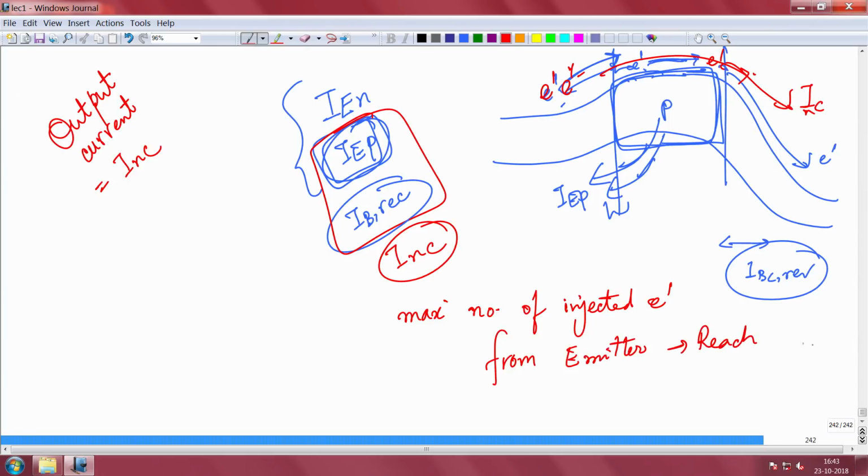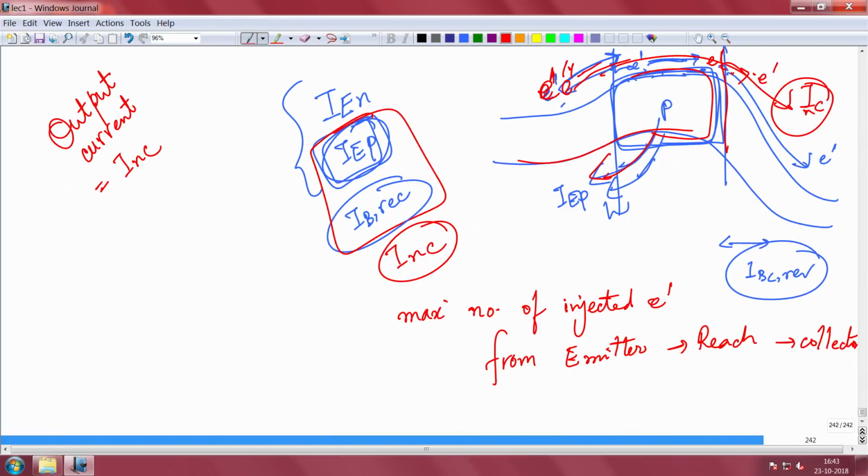I want them to reach the collector, because if electrons emitted from the emitter do not reach the collector mostly, then it means they are all dying out here. It becomes a 2 terminal device, it is not a 3 terminal device. To increase the output current and hence the gain and many other things, you want almost all the electrons injected from the emitter to go and reach the collector.